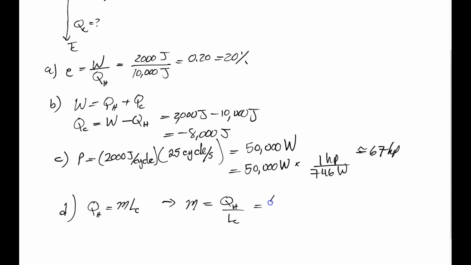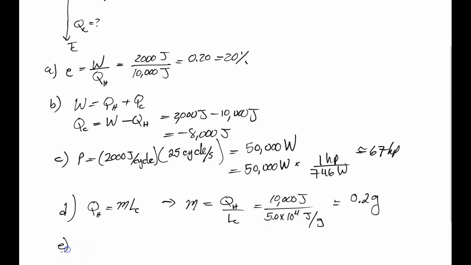That is 10,000 joules divided by 5.0 times 10 to the 4th joules per gram for gasoline, and that is 0.2 grams per cycle.